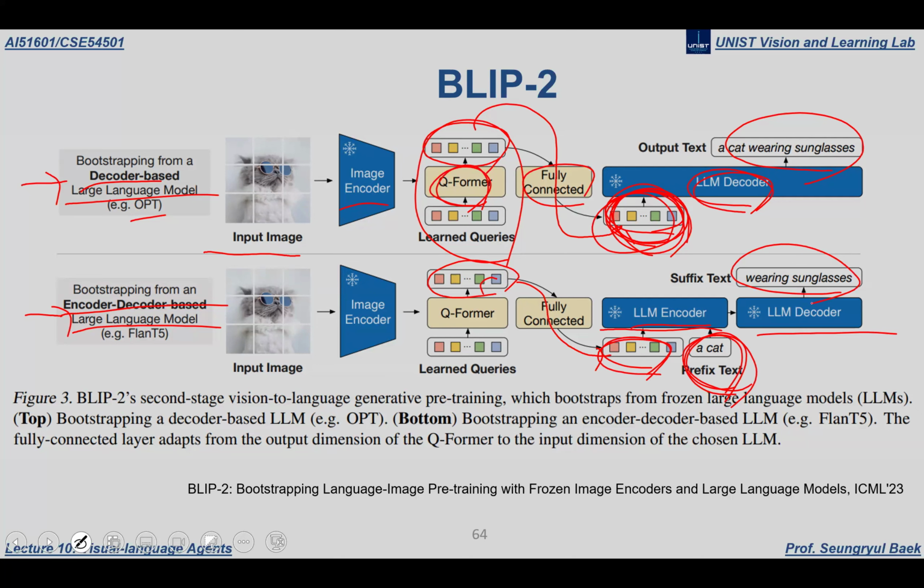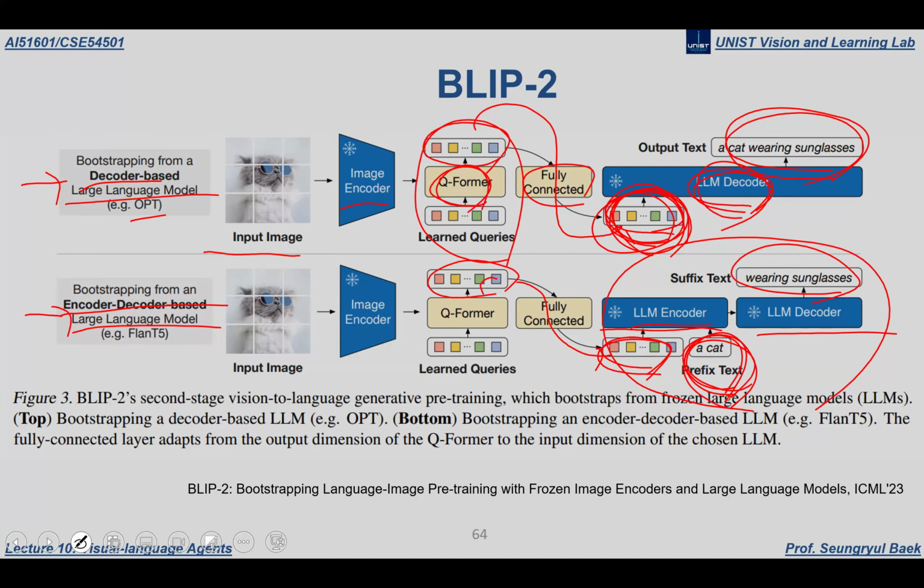So these are the use cases when LLMs have both encoder and decoder, and when LLMs have only a decoder, they can only generate text from the vision signals, but when encoders are additionally available, they can also feed more text to the LLMs.